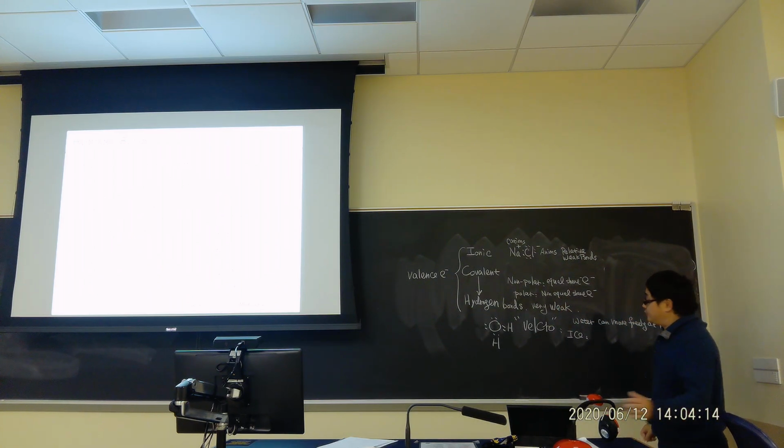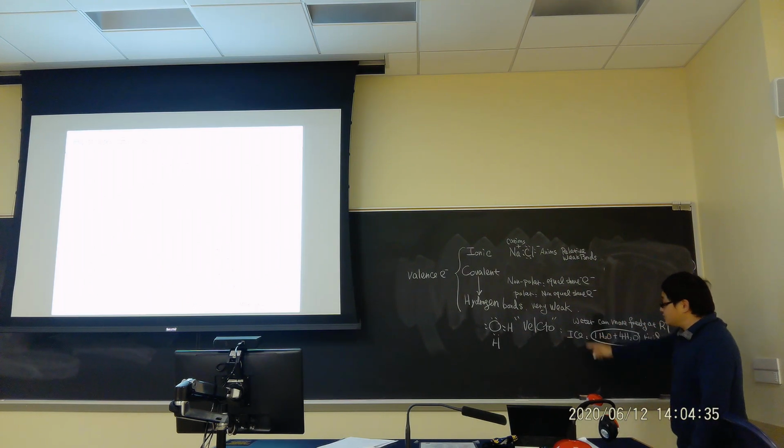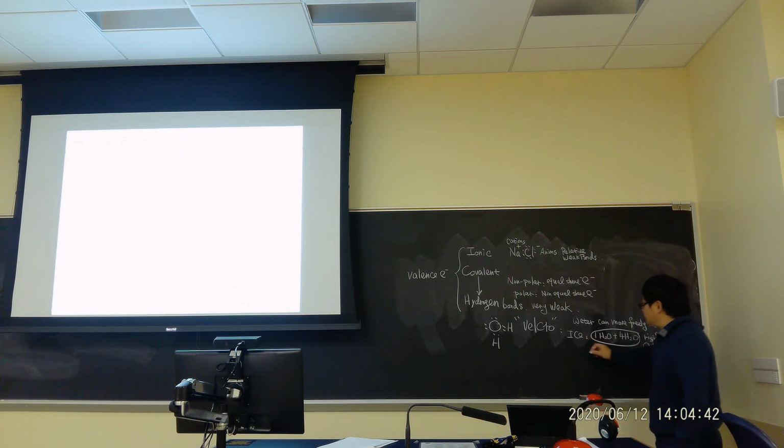Ice you cannot move, because the water molecules attract each other and become a rigid crystal state. This is called the Velcro analogy. Then the ice becomes very strong. It cannot move at all.